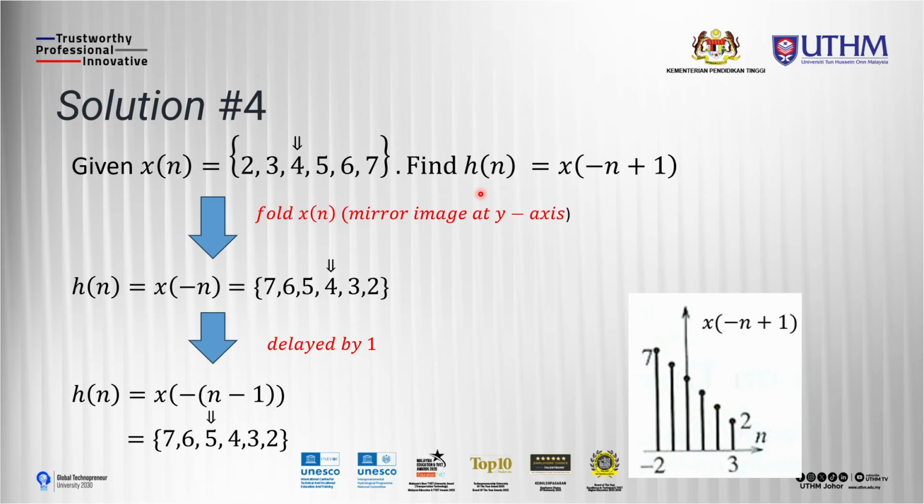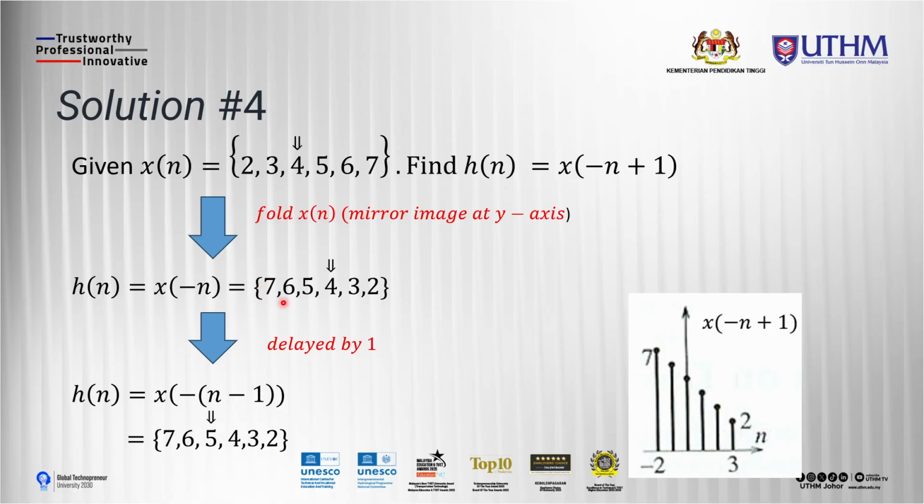This question requests you to find the g[n] equal to x[-n+1]. There are two methods that can be used to solve this problem. I use the folding first, then time shifting in this solution. First of all, I fold x[n]. Folding x[n] means the mirror image at the y-axis, so I can write it as x[-n].